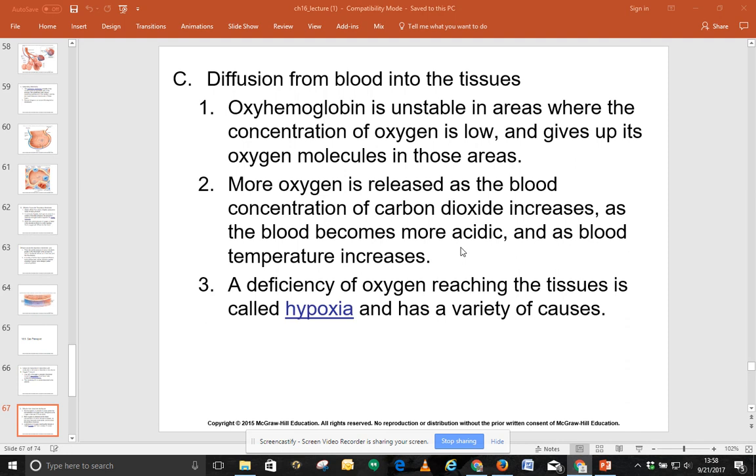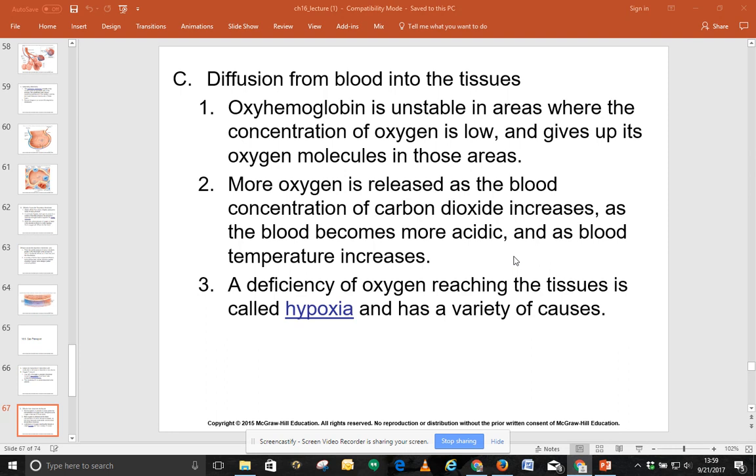But let me tell you this: if you run a fever, you will automatically have less oxygen available in your body because the oxygen is being released from the hemoglobin too soon, and it's going to affect your overall blood content of oxygen. As your fever comes down, your oxygen will be transported along as it should, and your oxygen level would actually come up.